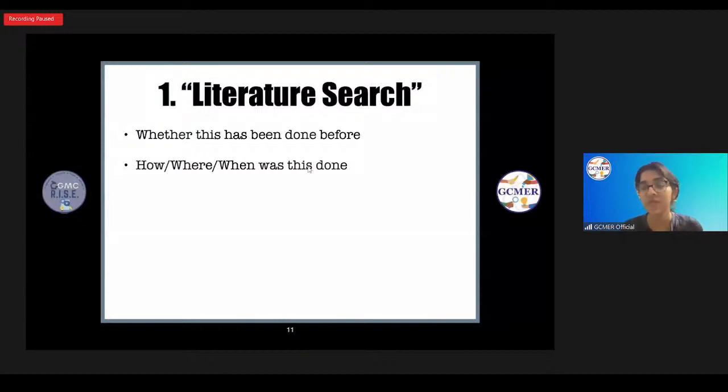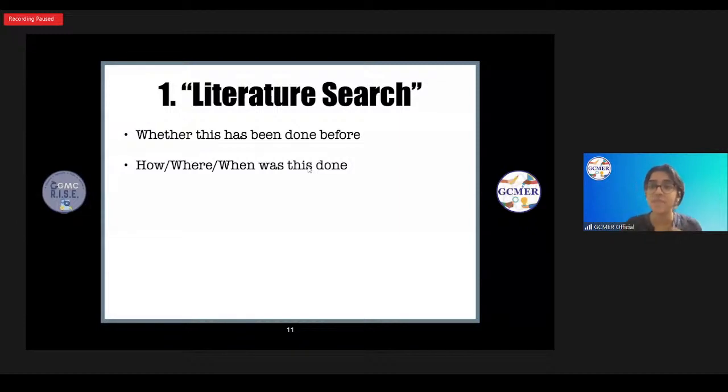For example, if you have any sort of research related to disease, related to methodology, related to mechanism behind a disease, if it has been done way back, let's say it was done in 1999, and now you had that unique question, you can still do it because medicine is evolving, right?